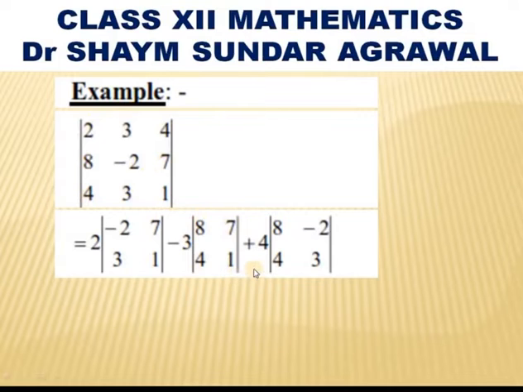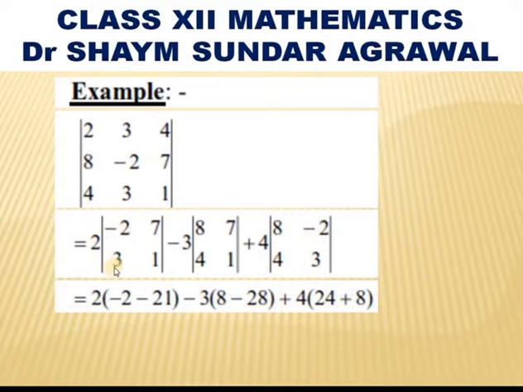So, determinant of that plus 4 into the determinant of, since 4 lies on the first row and third column, after deleting the first row and third column, the remaining elements are 8, minus 2, 4, 3.